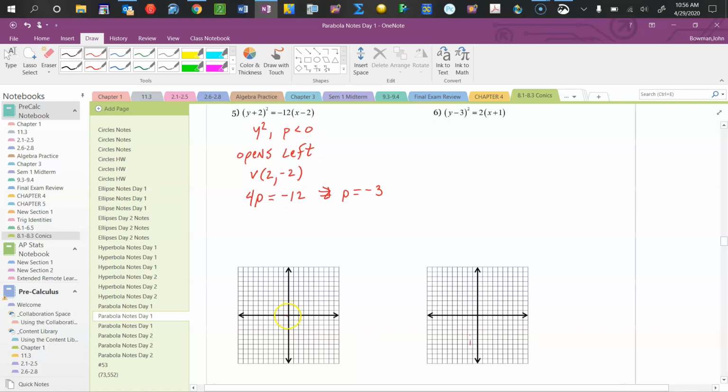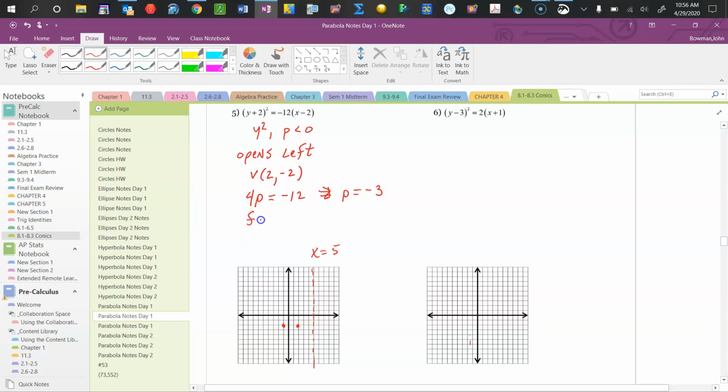So we're going to draw some of this, and then we're going to write down the rest of the information. So I would go to the vertex at (2, -2), plot a point. I know this opens to the left, so I move 3 units to the right from there. 1, 2, 3, and I draw my directrix, and therefore the equation of that directrix would be x is equal to 5. I go back to the vertex, I move 3 units to the left, 1, 2, 3, and I've got my focus.